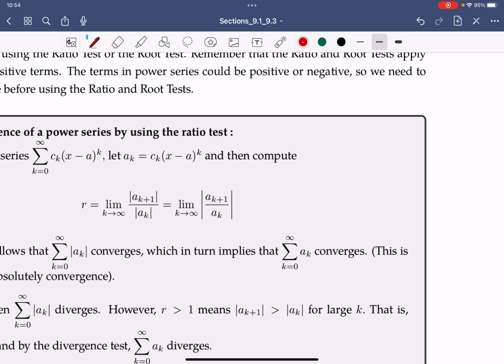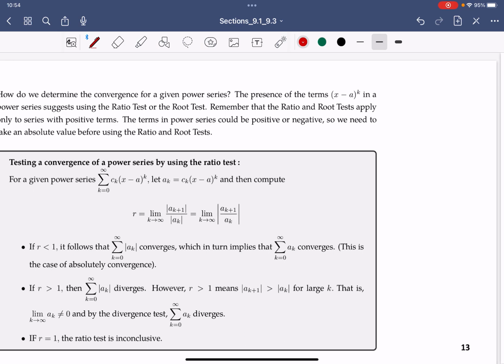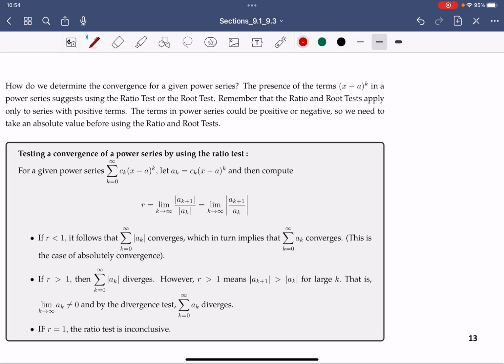Everyone remember the thing that we learned before in the previous chapter, this thing called the ratio test. The statement of the ratio test is that we have the limit of a subscript k plus 1 over a subscript k. We're going to test this limit of a_k+1 over a_k.